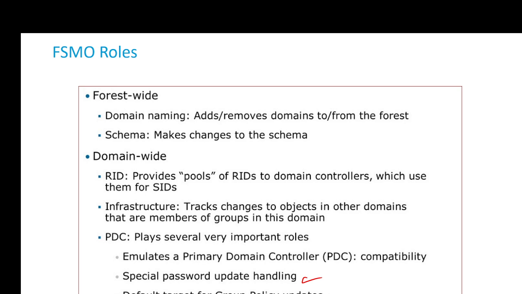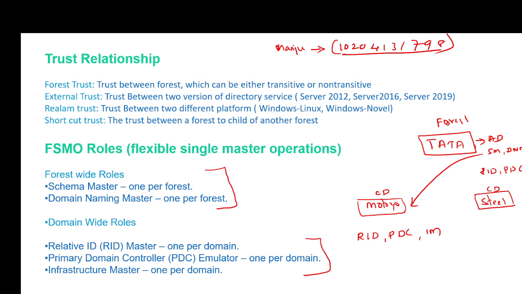So what happens if the time is not in synchronization? For example, on one computer it is 10 o'clock, and on another computer it is 10 o'clock 10 minutes. If a user changed the password recently, at 10 o'clock, and you try to send the password to the other computer, whose time is already 10 o'clock 10 minutes, it will say, no, you are sending old information.